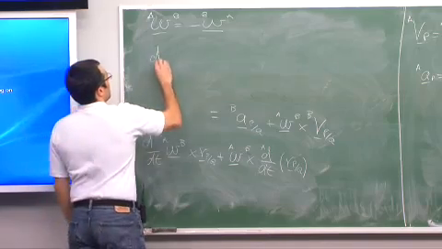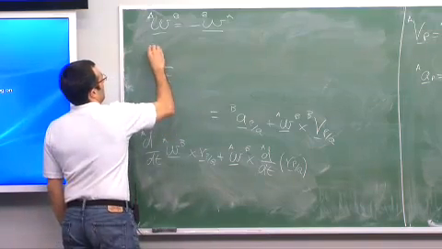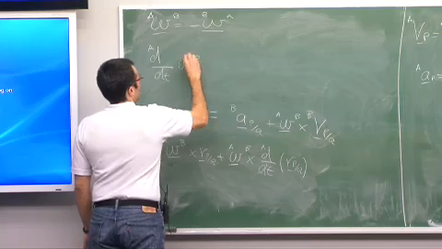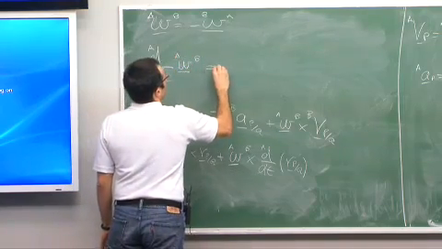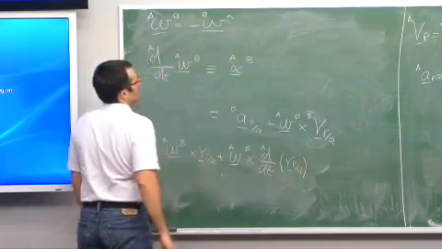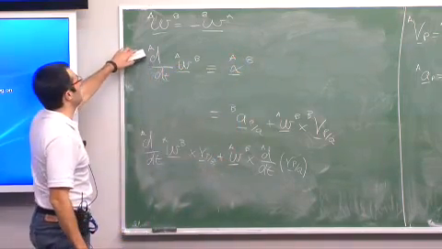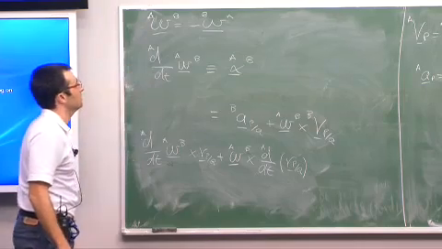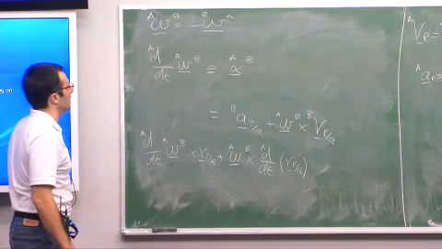So d dt in A of omega b A, I want to define it as alpha BA. But can I do that? I mean, what if this is not A, this is another reference frame? What do I do in that case?